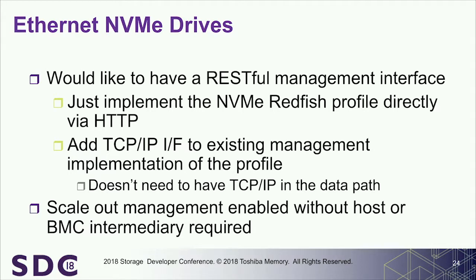RoCE is one kind of Ethernet. And at FMS, we were already seeing RoCE drives, so NVMe over Fabrics talking directly to the drive. That's kind of interesting, especially if you can get the Ethernet components down.